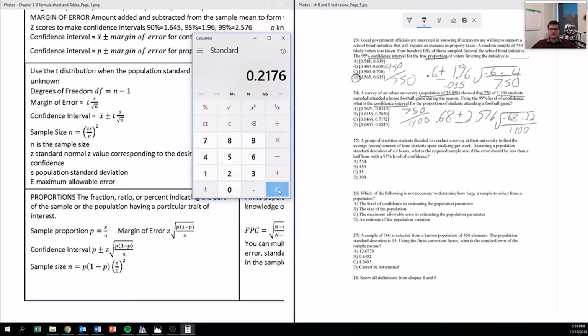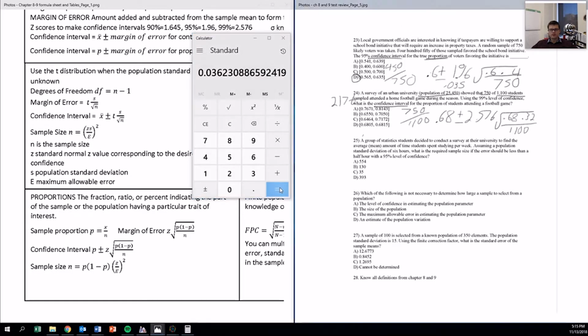Okay, and then you take the square root of that, and then you multiply that by 2.576. Okay, which will give you 0.0362. Now, normally you would just take this and add it to 0.68 and subtract it from 0.68.